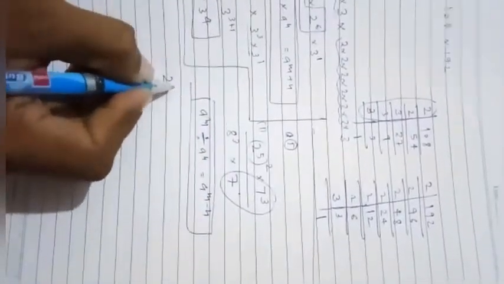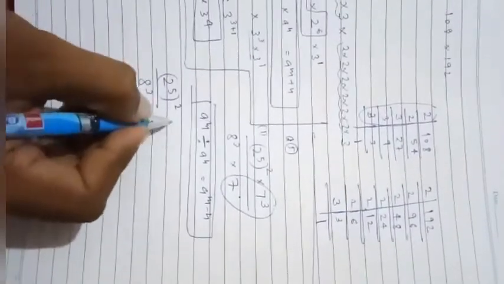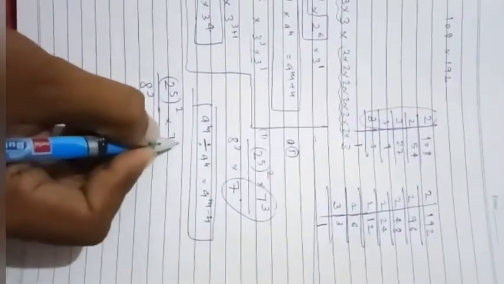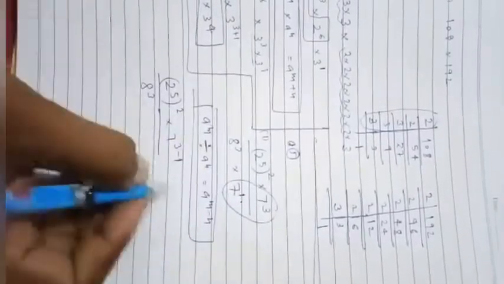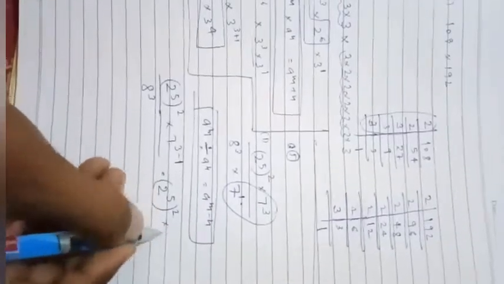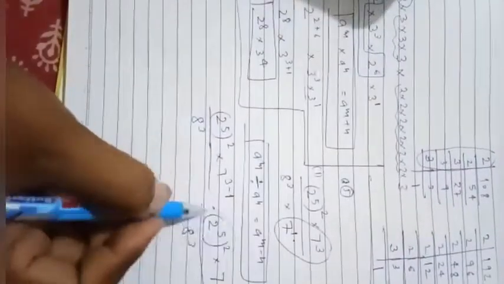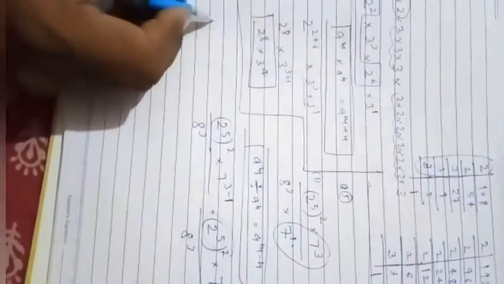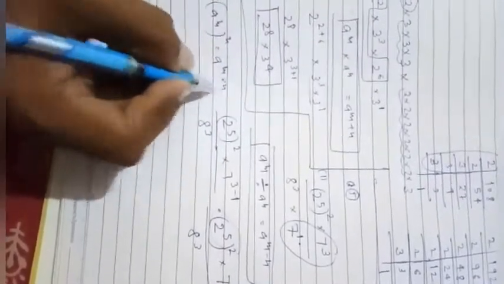So this would be 2 raised to 5 raised to 2 upon 8 raised to 3. This would be 7 raised to 3 minus, you can write 1 here, 3 minus 1. So this would be 2 raised to 5 raised to 2 into 7 raised to 2 upon 8 raised to 3. Now here you can apply the multiple power law, that is a raised to m raised to n is equal to a raised to m into n.